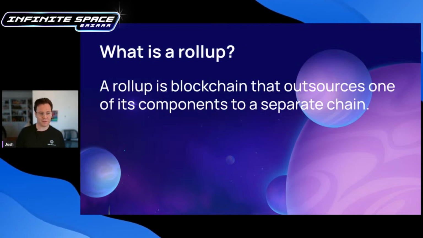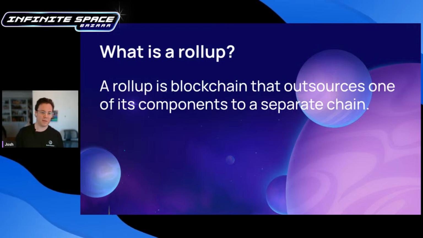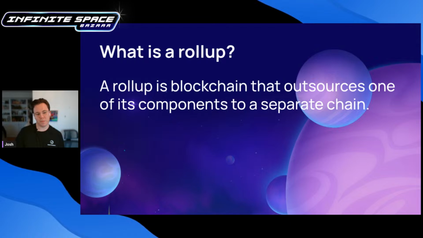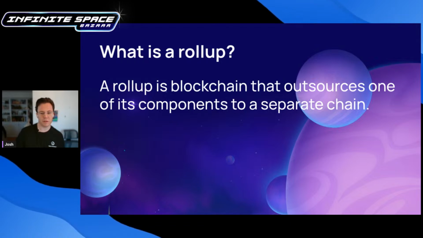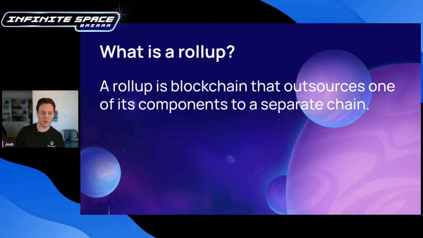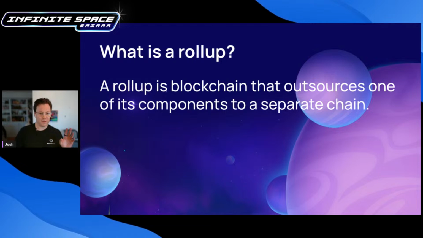So now that we've talked about Celestia and building rollups on top of it, it's probably a good idea to define what a rollup is. A rollup is just a blockchain that outsources one of its components to a separate chain. I feel like a lot of the times we talk about rollups, they're almost in their own world where we think of them as a different thing than a blockchain.